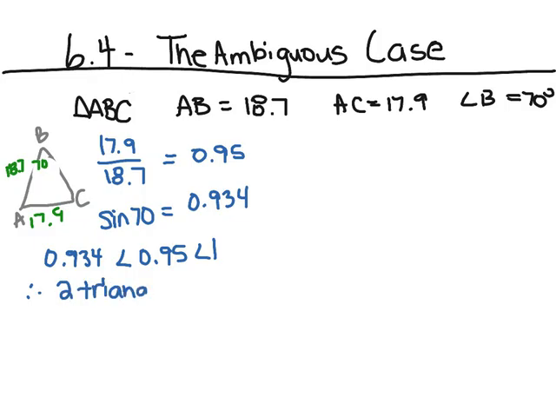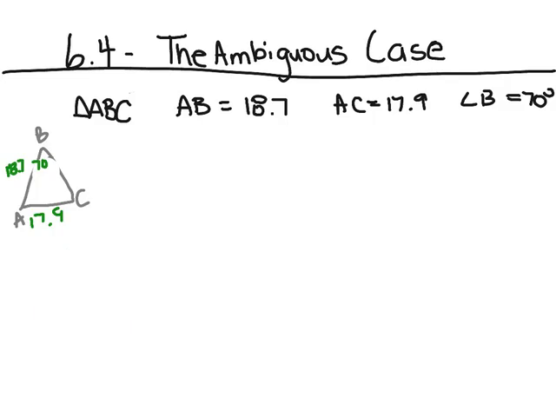So we know that when we find this, we're going to find one obtuse angle and one acute angle. From the information we're given, we want to look for angle C first because it's opposite the other value we know. So we take sine of 70 over 17.9 is equal to the sine of C over 18.7.